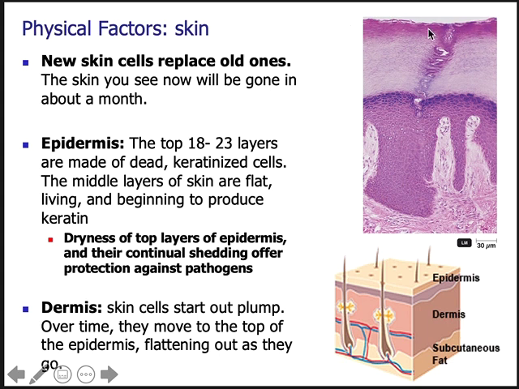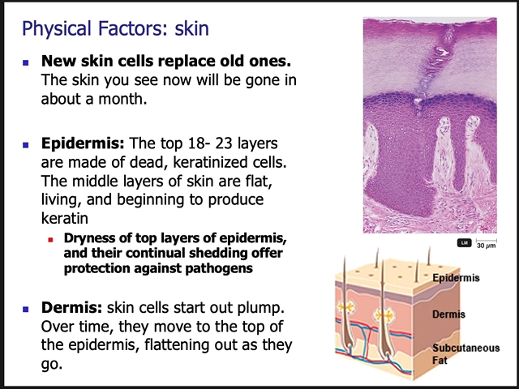And this serves several functions, right? It's very dry, and bacteria and fungi need moisture if they're going to colonize a region. But even those that are able to survive with very little moisture, you're constantly shedding your skin. So having the dead top layers allows you to shed, and a lot of organisms will be shed with it.